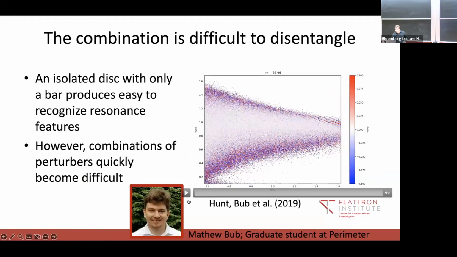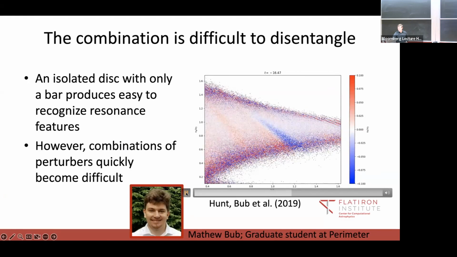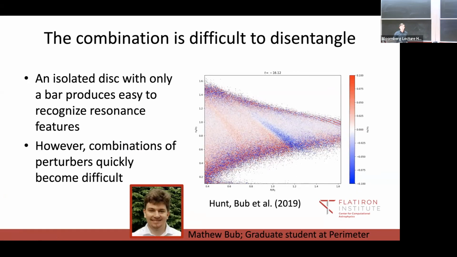And then you grow a bar smoothly and slowly, and you'll start to see this red-blue pattern appear in the middle. It's caused by the outer Lindblad resonance of the galactic bar. And if you know things such as your galactic potential and the rotation curve, you can use these features to measure the pattern speed of the bar, because that affects where this falls in this space, and the amplitude of the bar, because it affects how strong this feature is.